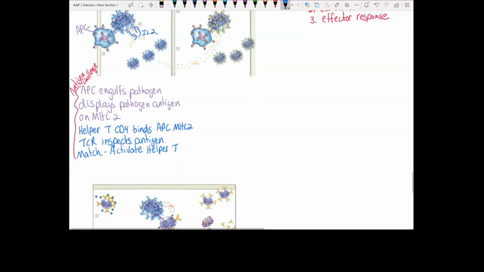So an activated helper T secretes interleukin-2, and it secretes this chemical back onto itself. This then stimulates the T cell to clone so that you get clones of the helper T. This is the clonal selection. So this is step 2, clonal selection.